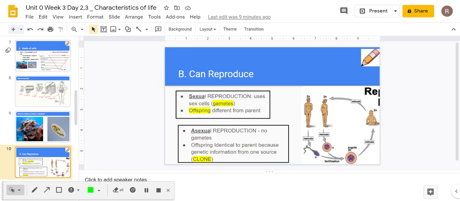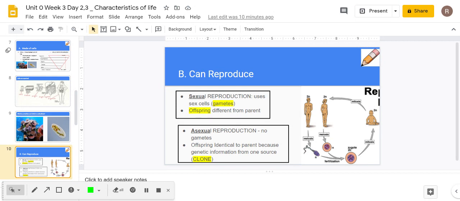Again, I'm not going to go into too much detail. I can answer more questions during class. But the second way to check if something is alive is if it can reproduce. It can reproduce sexually or asexually or both.